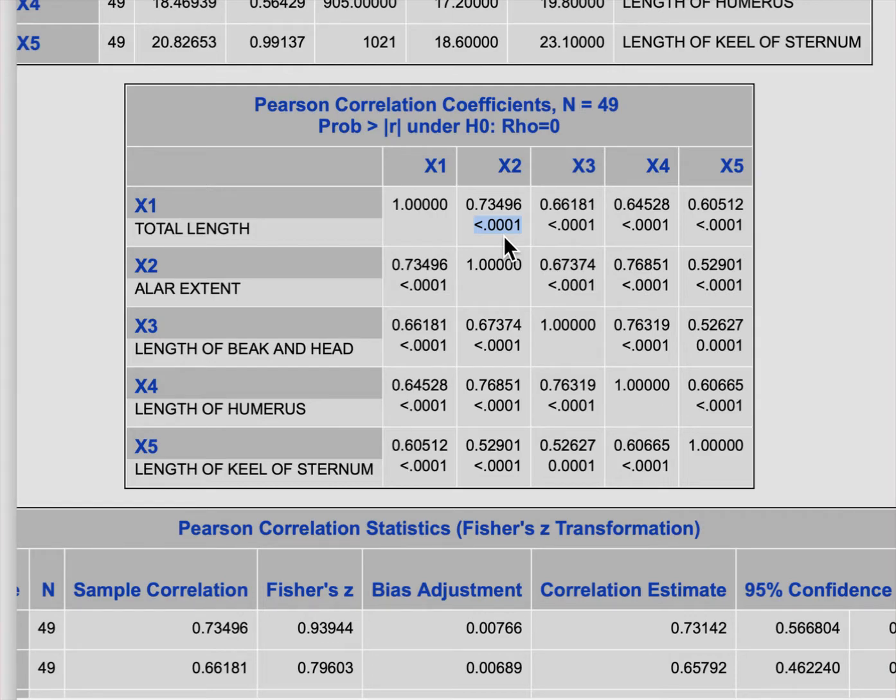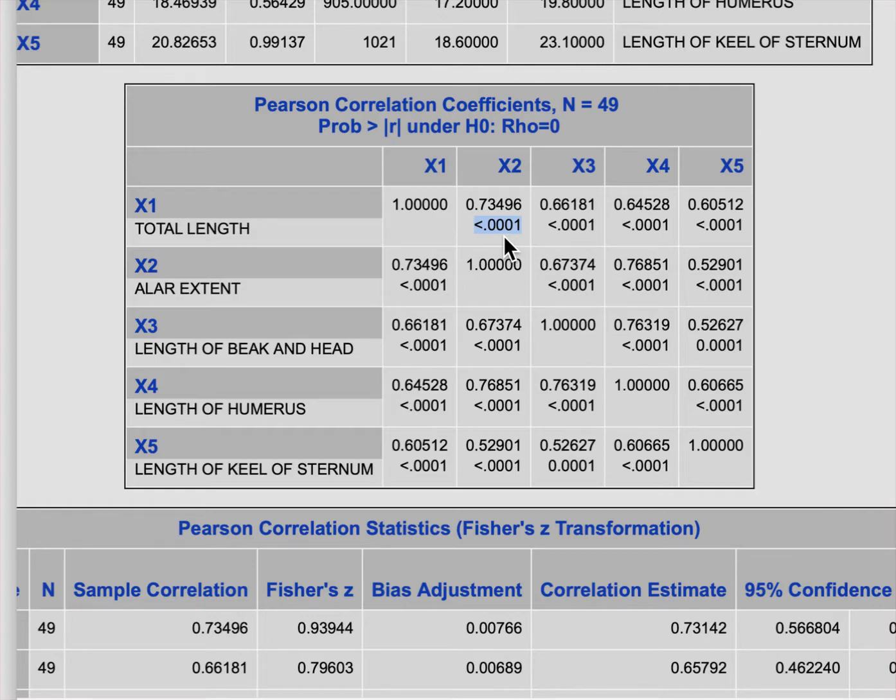Now, remember how we use p-values in testing hypotheses. If the p-value for a test is less than or equal to the significance level that we choose to use, then our conclusion is to reject the null hypothesis and conclude that the alternative is true. And so in this case, if we are using a 0.05 level of significance, then because the p-value is less than 0.0001, that would imply that it's also less than or equal to 0.05.